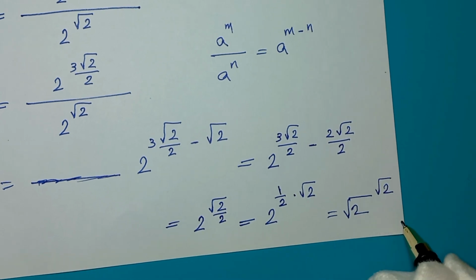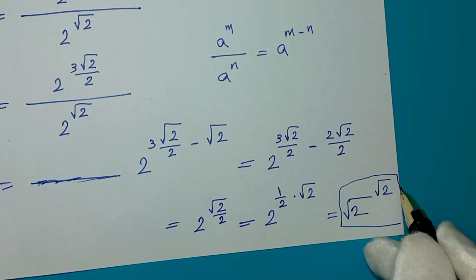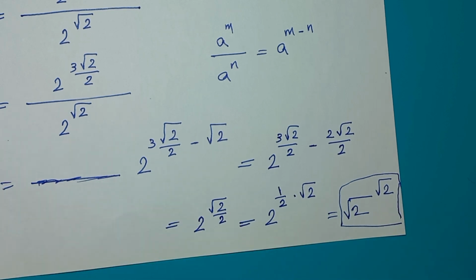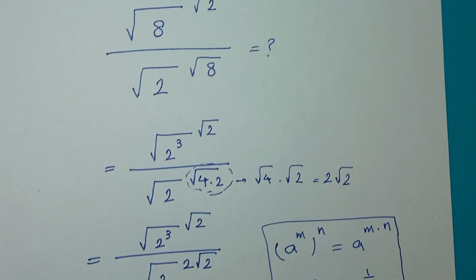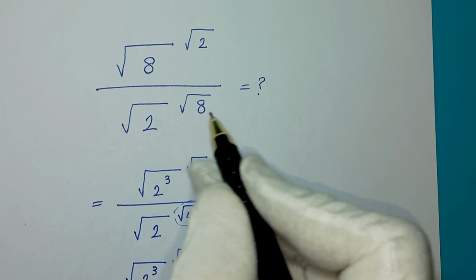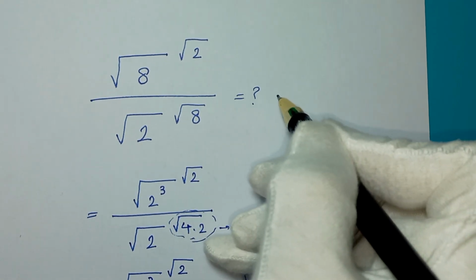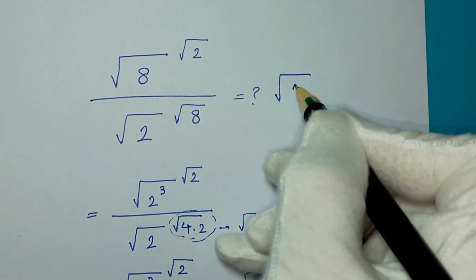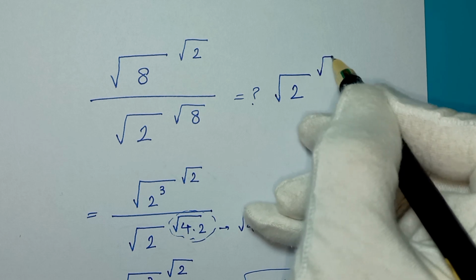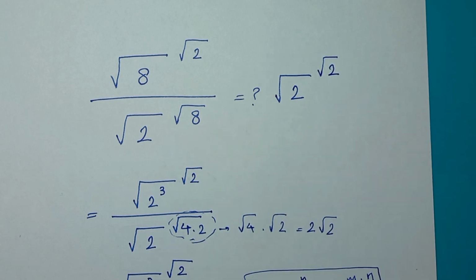And this is our final answer for this problem. So it will be square root of 2 to the power of square root of 2.